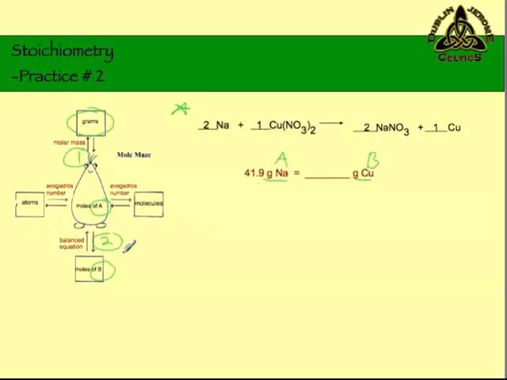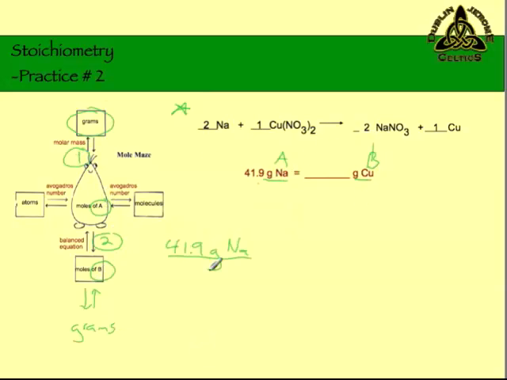And then if I have moles, I'm going to create another box down here. I can go back to grams of that substance. This is probably the most common type of conversion you're going to do, grams of one substance to grams of another. And it's one of the longest ones that we're going to do. So pay attention to this one. Ask questions if you don't see what we're doing.